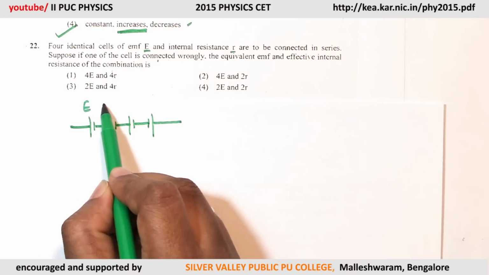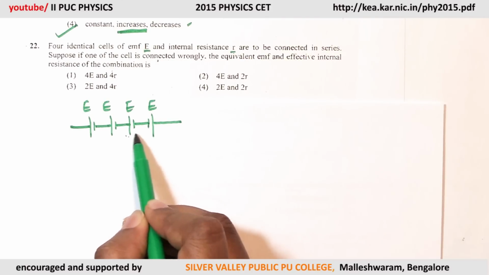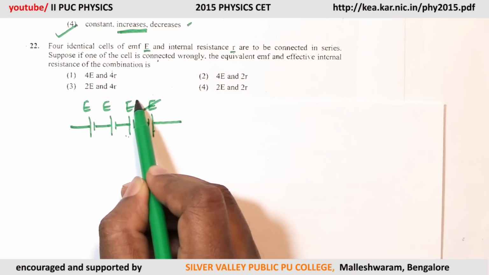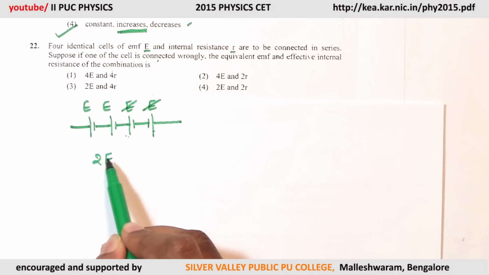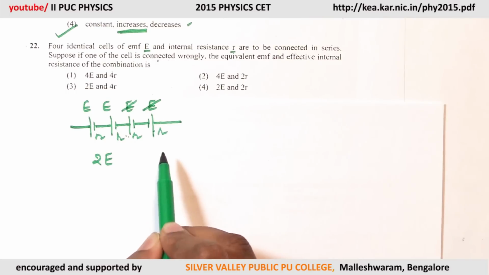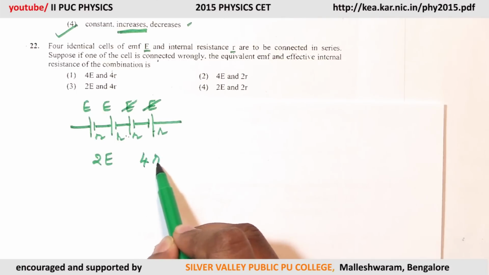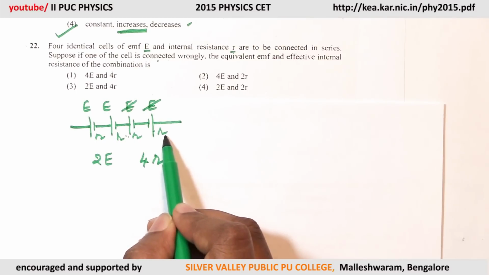E, E, E, E. These two identical cells contradict each other, meaning this is cancelled by this. Therefore, the resultant EMF is 2E. But the internal resistance of each cell is R. There is no polarity for resistance. Therefore, it is 4R. EMF gets cancelled, but internal resistance remains the same.